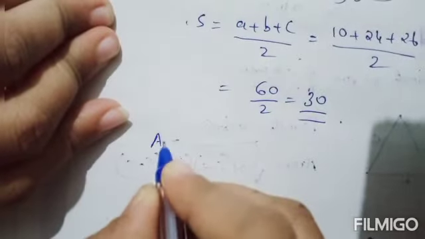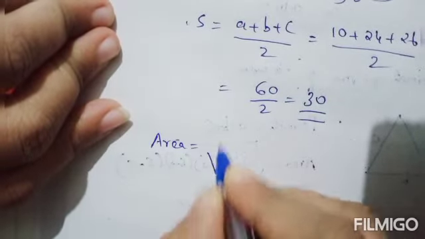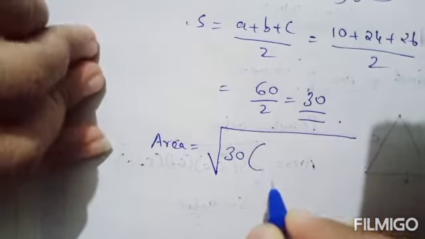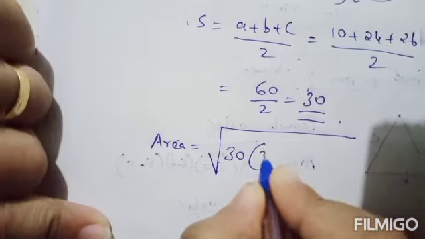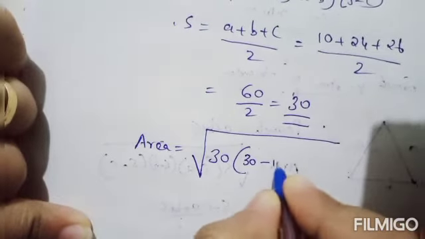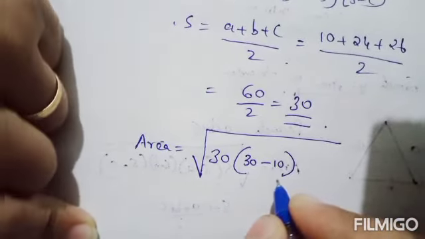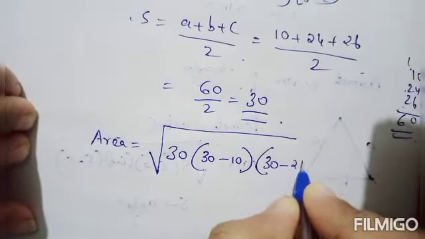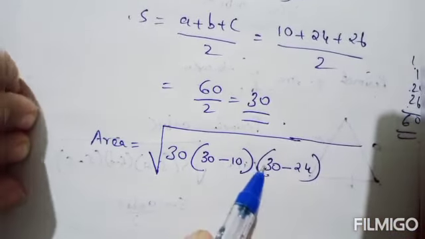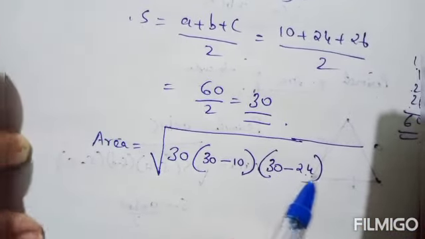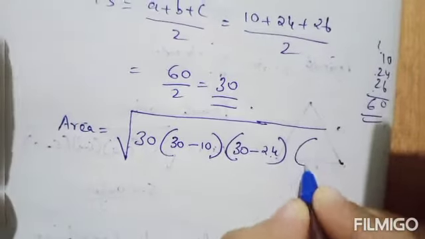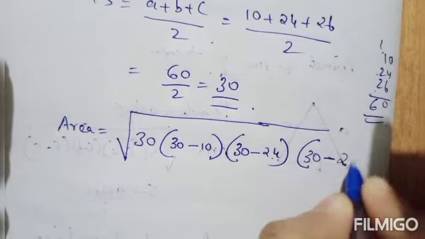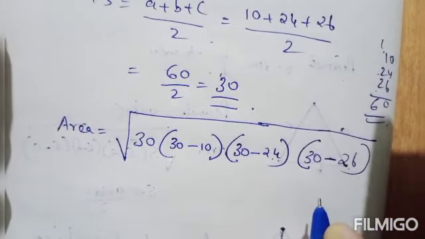Now you can find the area. Area equals root of s into s minus a, that is 30 into 30 minus 10, into s minus b, so 30 minus 24, into s minus c, so 30 minus 26.